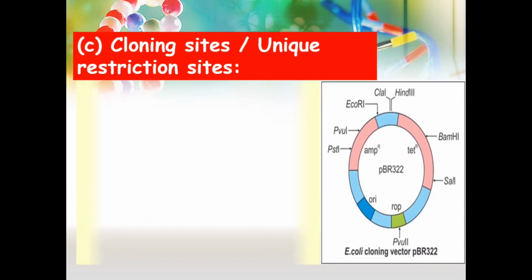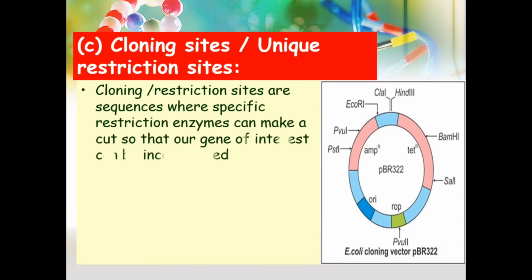In a cloning vector, the third unique feature which is needed is cloning sites, or unique restriction sites. Cloning sites are the sequences where specific restriction enzymes can make a cut so that our gene of interest can be incorporated into the vector.